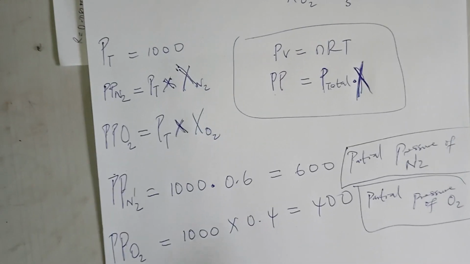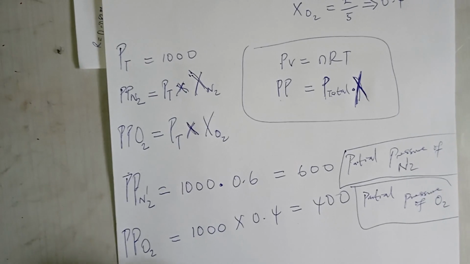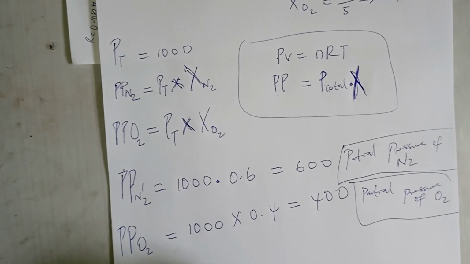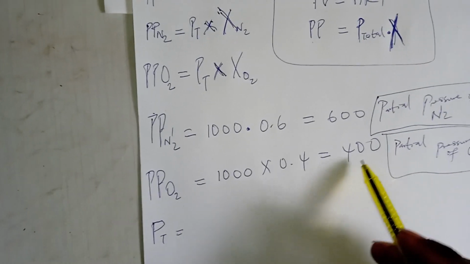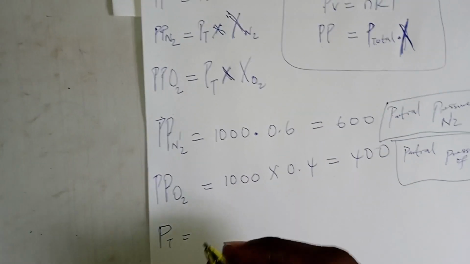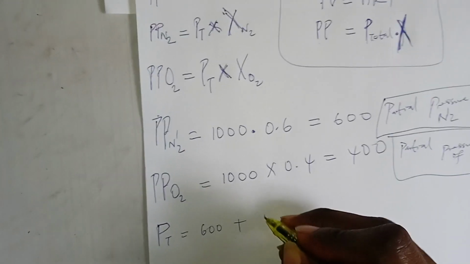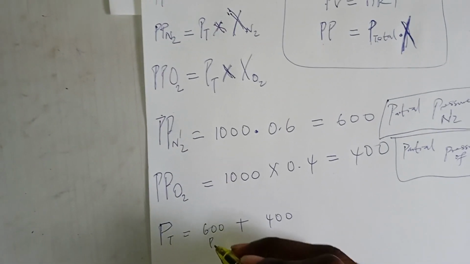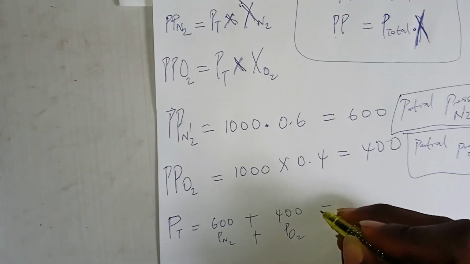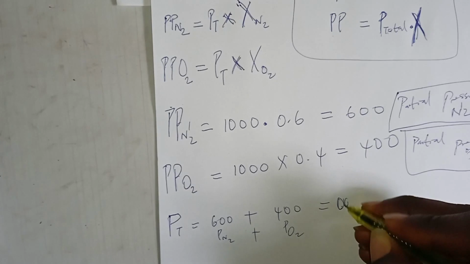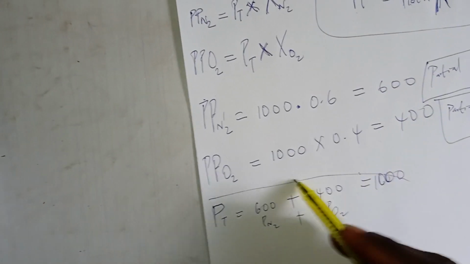So now that you know this, you need to know that assuming they ask you to find total pressure PT, you are doing Dalton's law of partial pressure, which says that the sum of the partial pressures of the gases gives you the total pressure, which is the same thing as saying 600 plus 400, PN2 plus PO2, and this will give you 1000, which you already have.